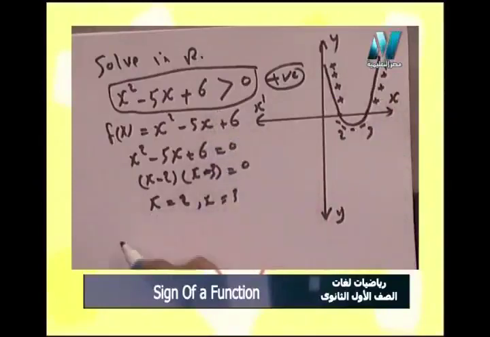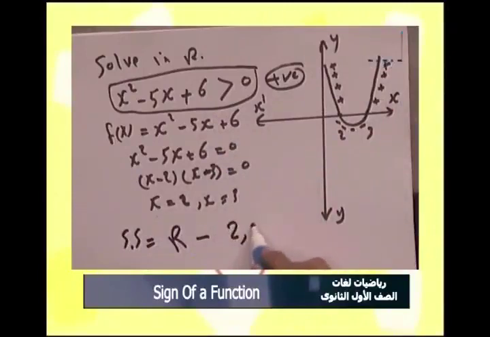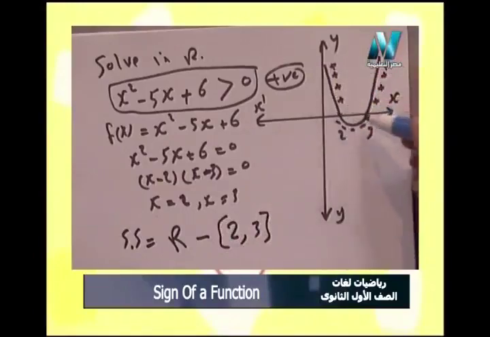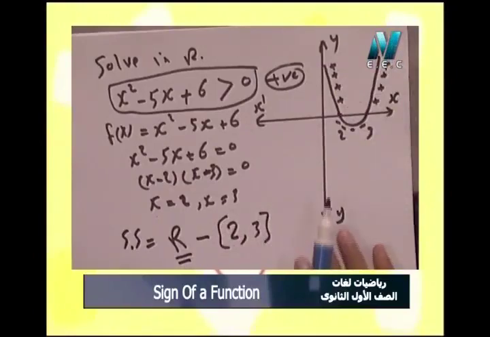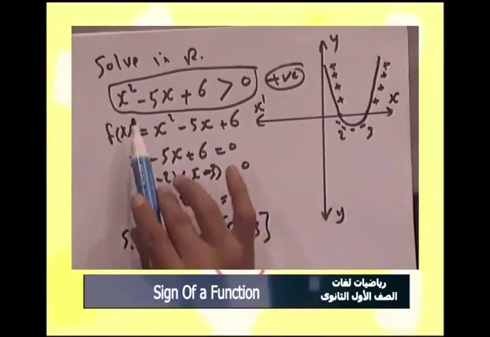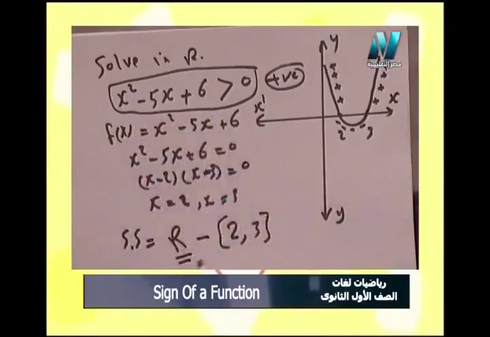So the solution set here equals R except the closed interval from 2 to 3. This part is positive, this part is positive, which is all real numbers except 2 and 3. So the solution set of this inequality equals R except the interval 2 and 3.